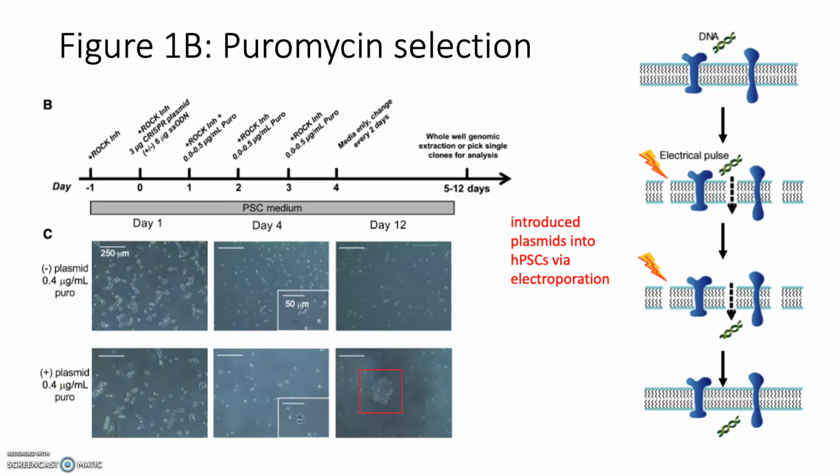And from there, the plasmid itself is further localized into the nucleus. So with that in mind, it's seen here on part C of the figure that after 12 days, a significant colony is observed in the cells with plasmid, versus no colonies really observed in those without.